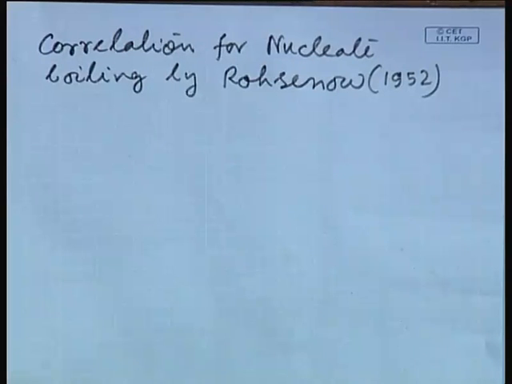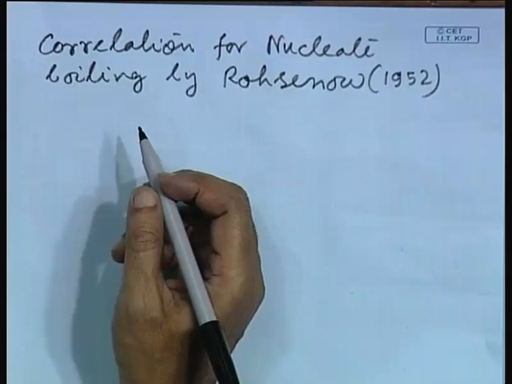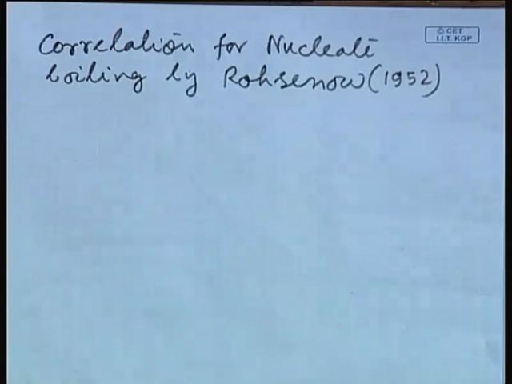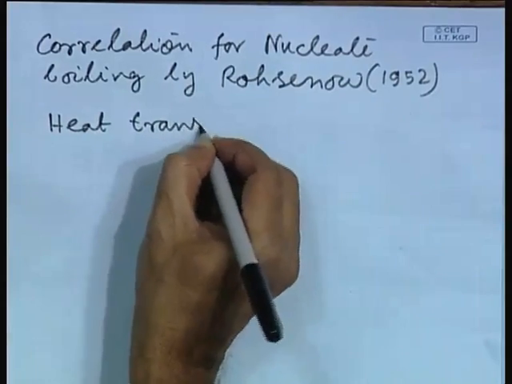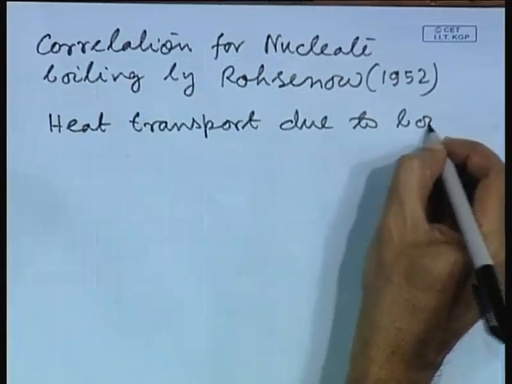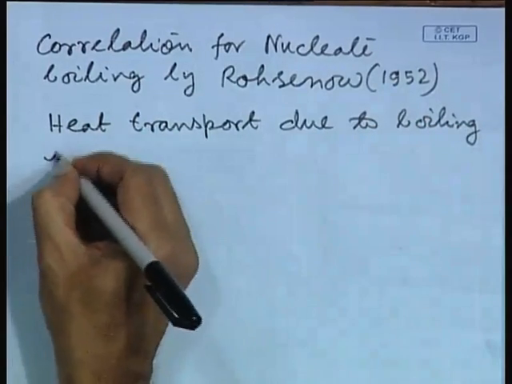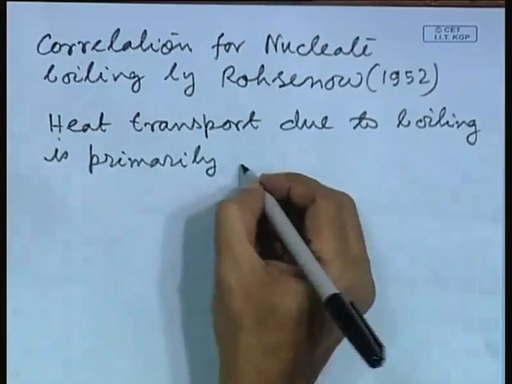Now, what has been postulated in this correlation is that the process of boiling, which takes heat from a heated surface, is similar to the convection process. So, if it is similar to the convection process, then let me write: heat transport due to boiling is primarily by convection.